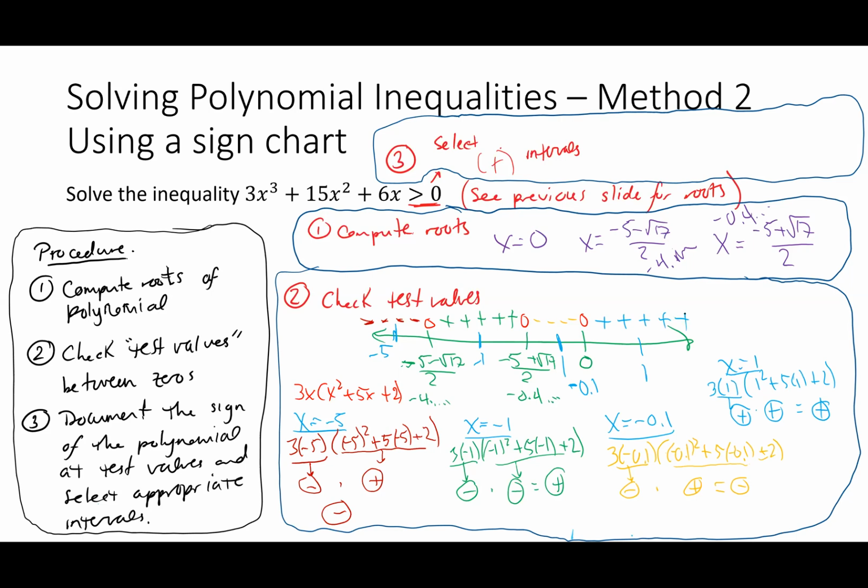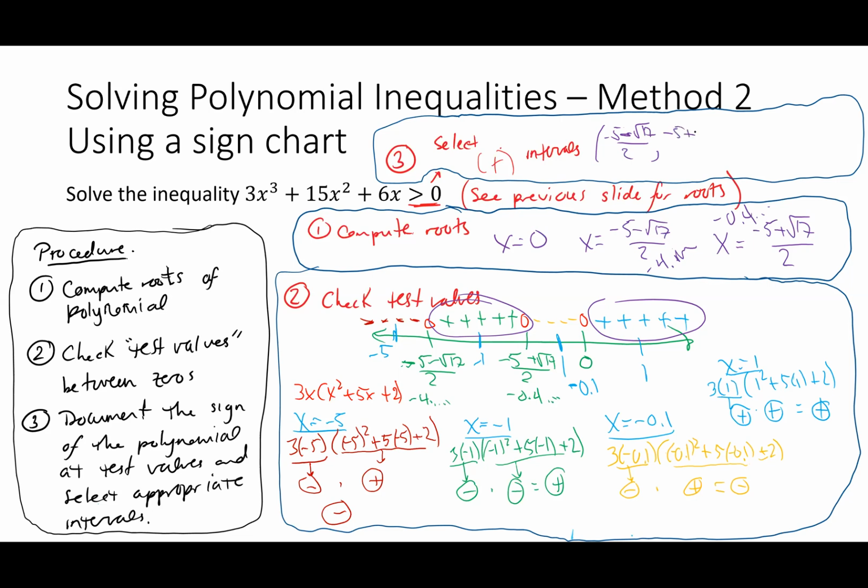All right, now I'm going to use the same type of thinking. I'm going to choose the appropriate intervals, which I see that those are going to be here and here. So my intervals, I'm going to start at negative 5 minus the square root of 17 over 2.